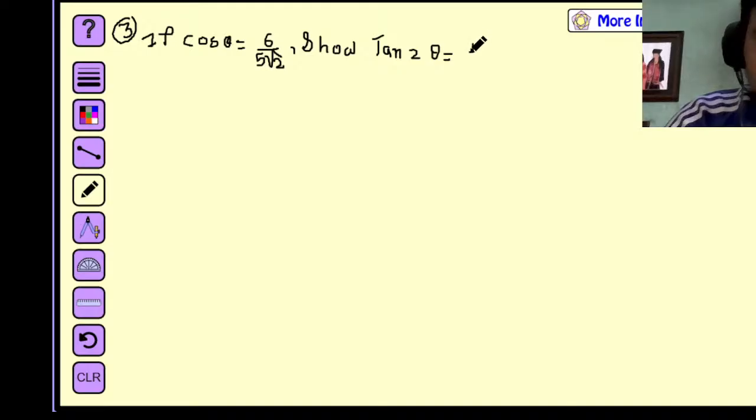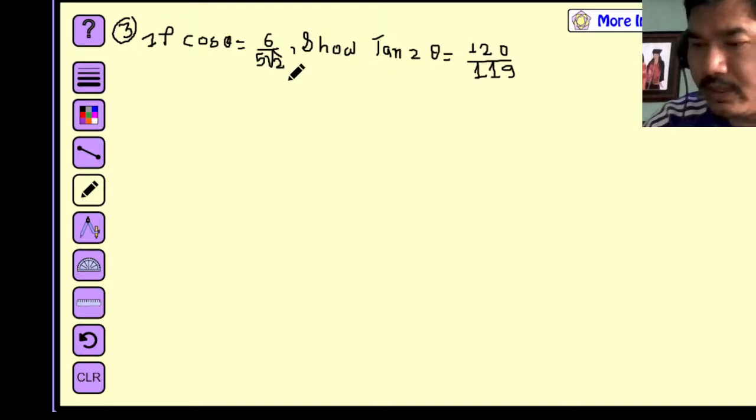Okay, here we have to prove like this question, 120 by 119. Like this, questions will also be there in multiple angles. In such a condition, how to solve? Okay, I want to show you here.